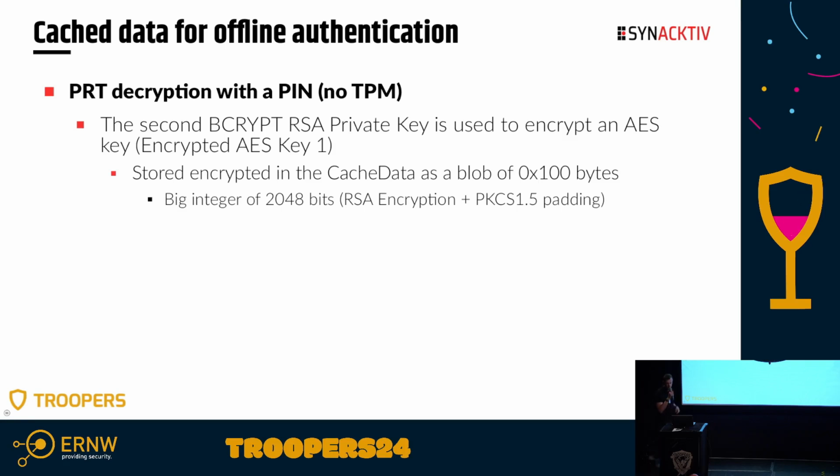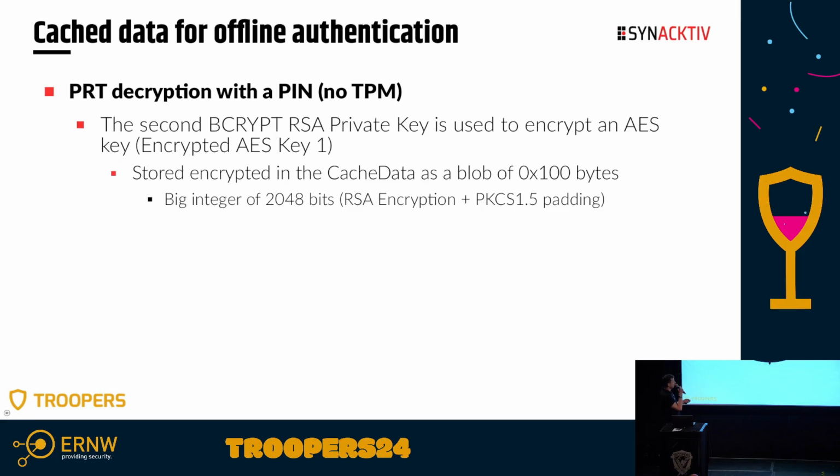Okay, thank you, Theo. So now that we have the second private key, let's see how it's used for decrypting the PRT file as well as the DPAPI request key when using a pin. We will use this second RSA private key, and we will see that it's used to encrypt an AES key using RSA. So basically, the result of the RSA encryption is the encrypted AES key.